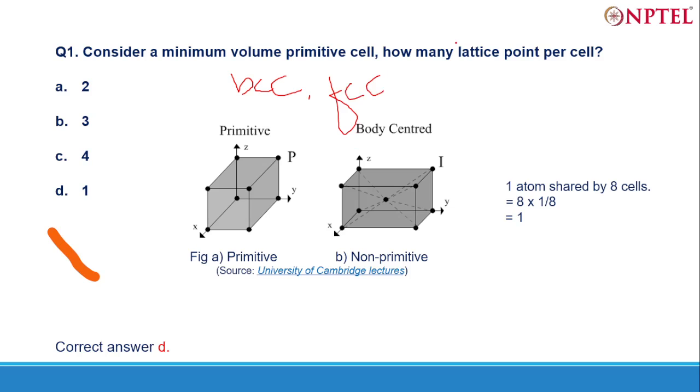What do you think? How many lattice points should be per cell? I'll give you time to think and solve, and I will get back to you in 2 minutes.